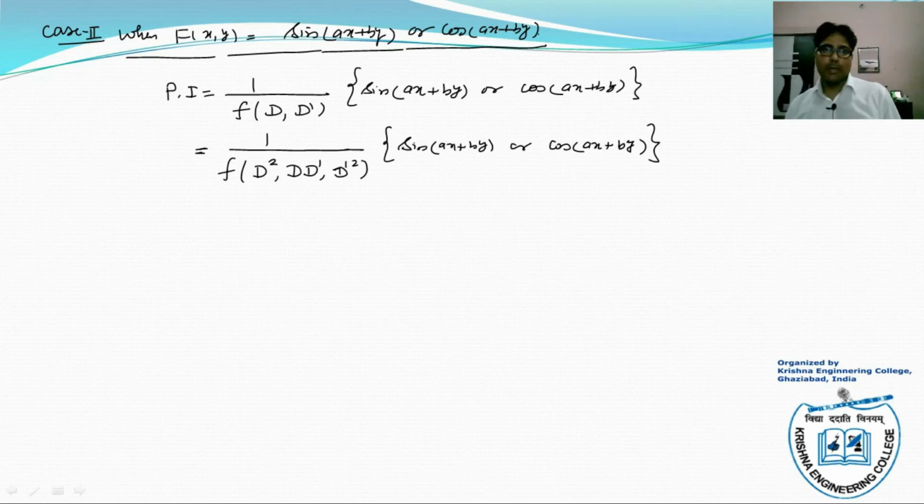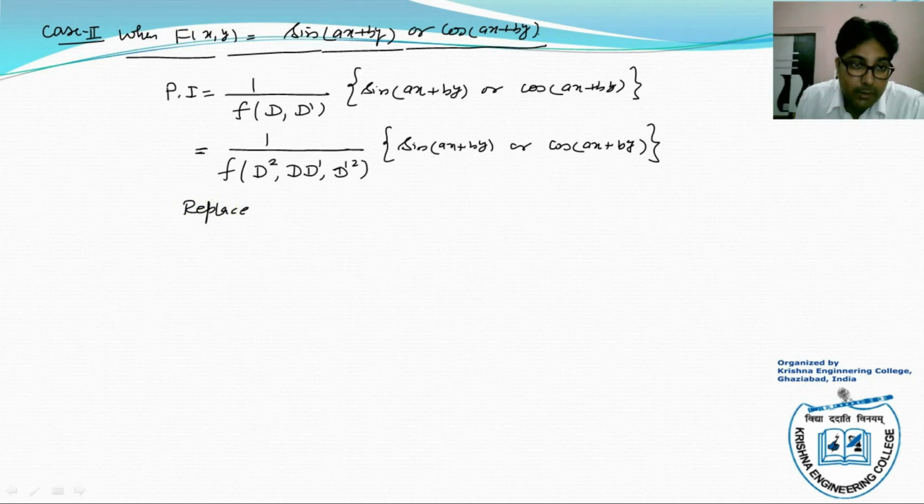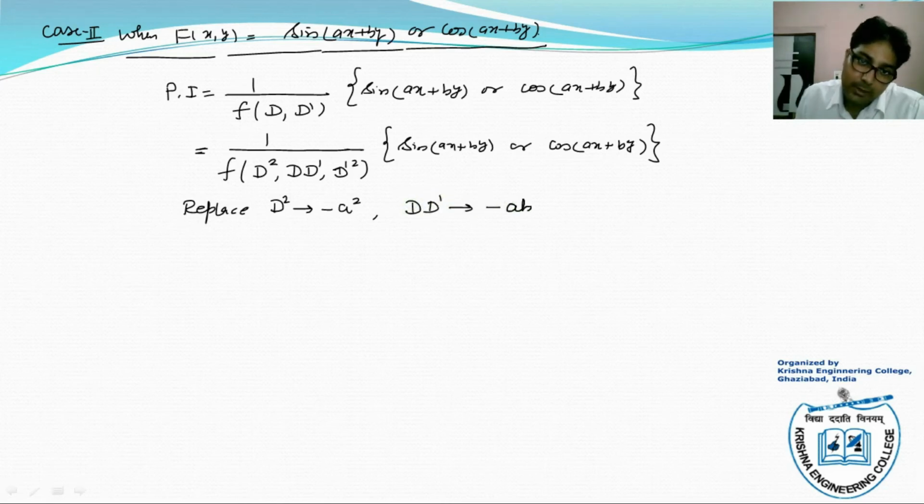In the case of sin ax or cos ax, for finding the PI in a non-homogeneous partial differential equation, clearly replace D square by minus a square. This is not clear, student. Understand that this is not minus 1 a to the power 2. This is minus 1 times a square. Clear? And replace DD' by minus ab.